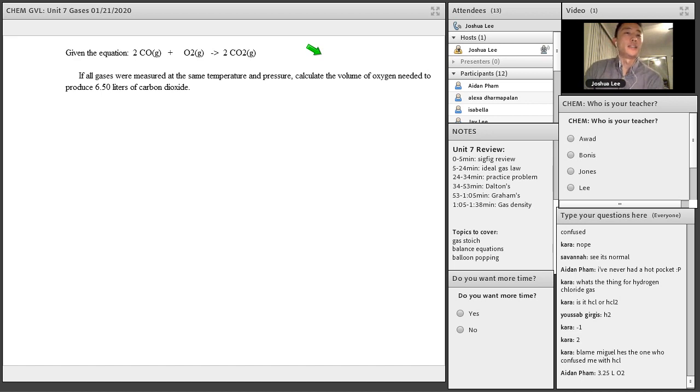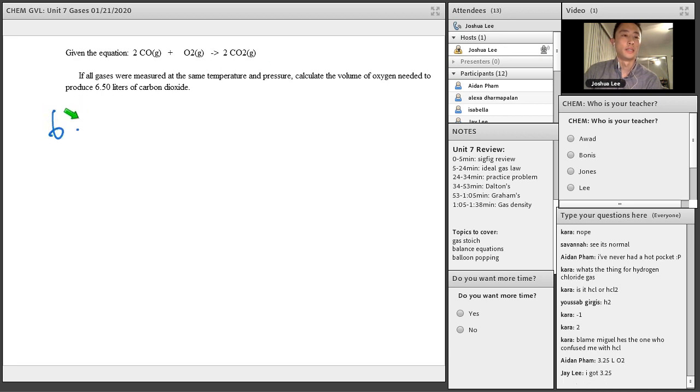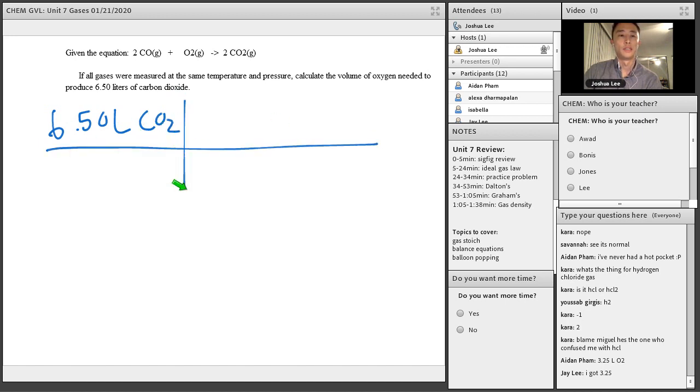All the gases are at the same temperature and pressure. Calculate the volume of oxygen needed to produce 6.50 liters of carbon dioxide. So I should have had you balance it so that you could get more practice. But well, 6.50 liters of CO2. We want to get rid of liters of CO2 and then go to liters of oxygen.